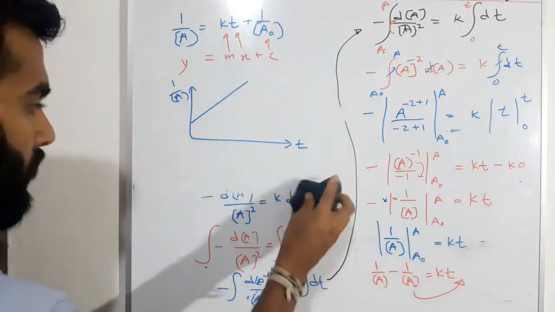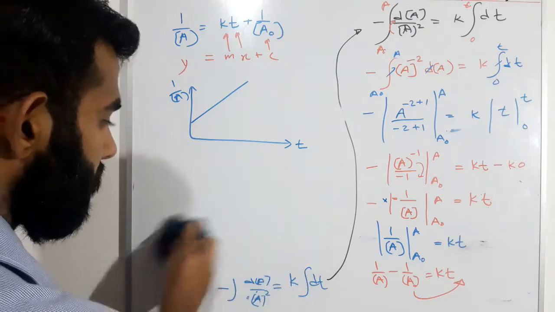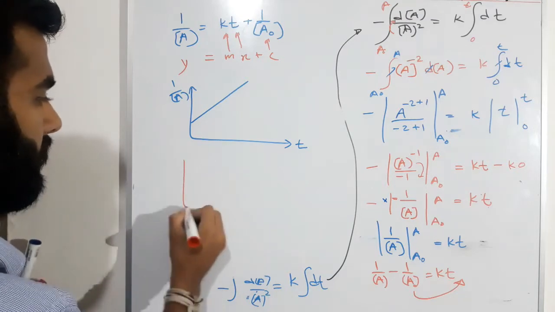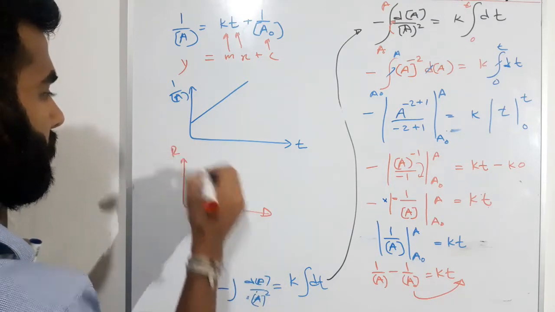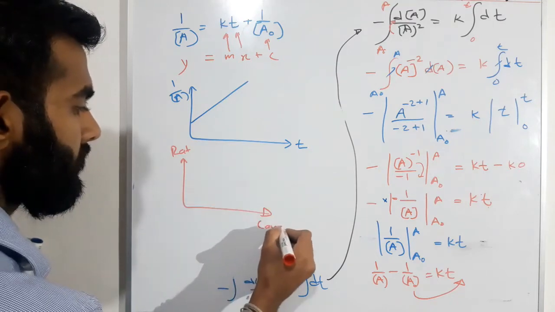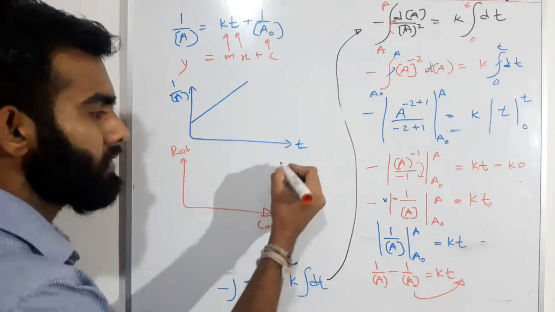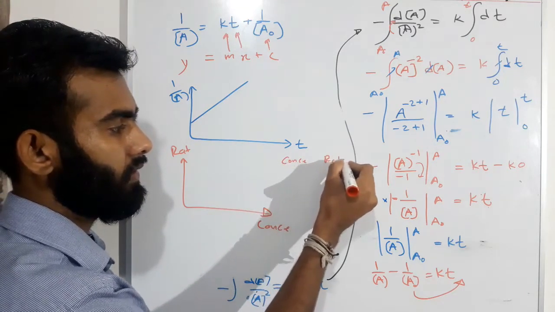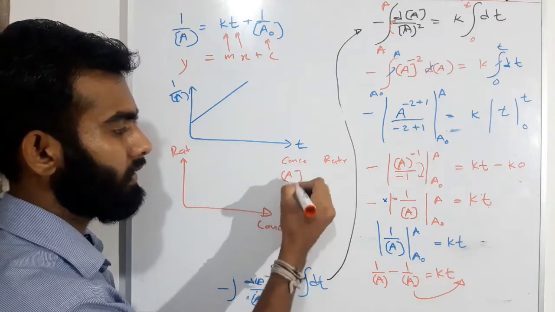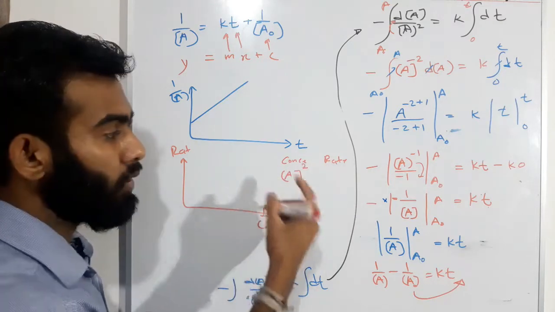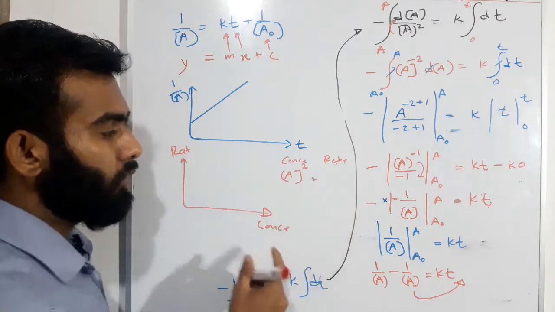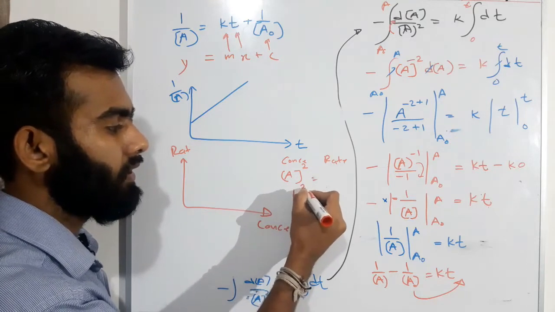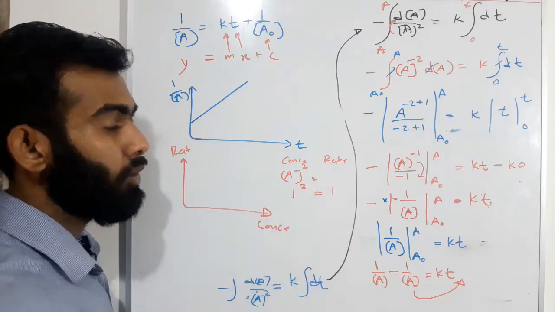Okay. Now what about its rate versus concentration? It is a very important thing. If we plot a graph of rate versus concentration for a second order reaction, imagine here concentration, rate. Here your particular species A has power 2, second order, no? Now imagine if the concentration is 1, then 1 squared is equal to 1.